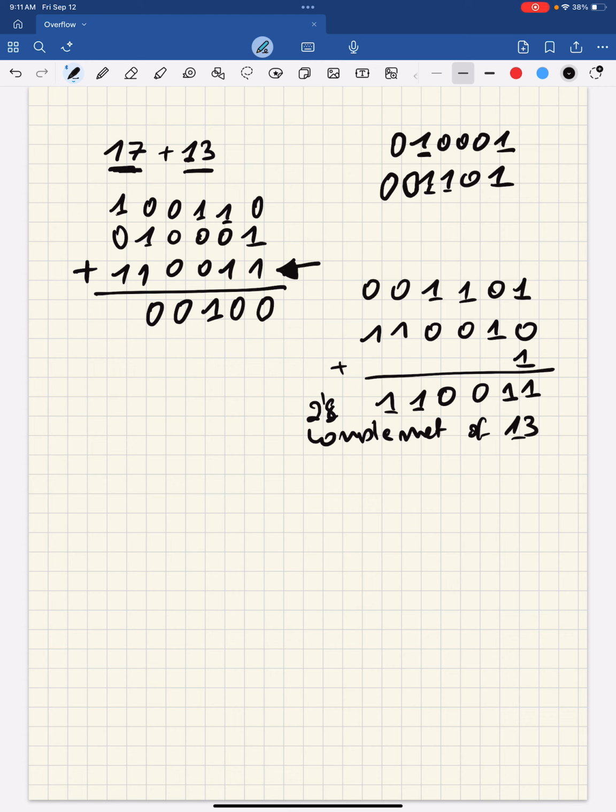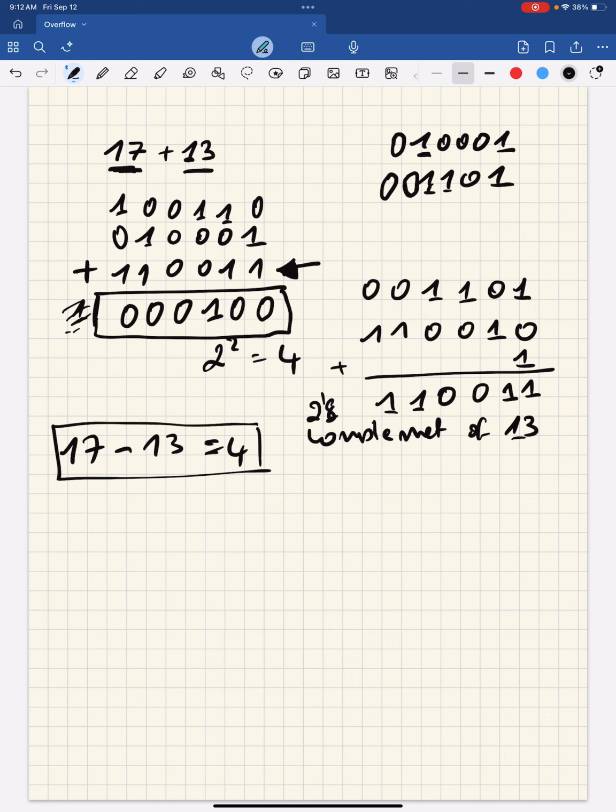And then 1 plus 0 plus 1 is 0, and then the carry for the next position is 1. That here is our limit, meaning that this digit here, we don't care about it. And then this is our result, and our result corresponds to the value of 4. So 2 to the 2 is equal to 4. So we've now seen that 17 minus 13 is equal to 4.